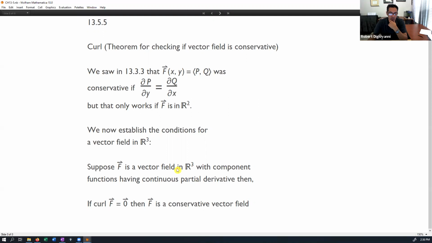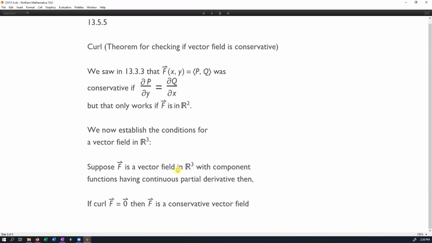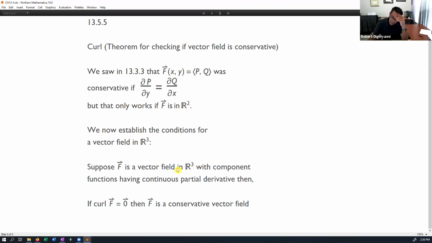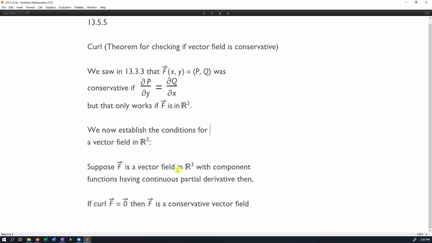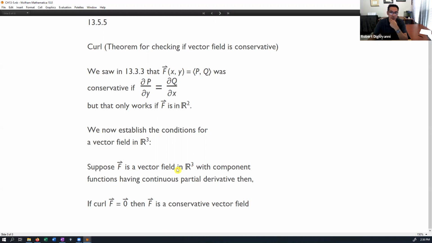It's just that your cross product is going to have to have a different definition because you now have more than 3 vectors, right? But there are similar ways to check for conservative vector fields for higher dimensional vector fields. Okay. Yeah.